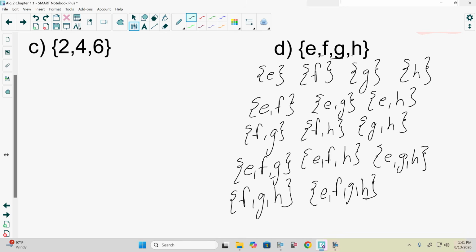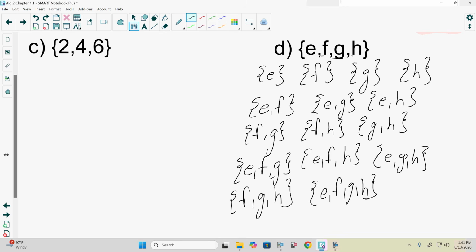4, 5, 6, 7, 8, 9, 10, 11, 12, 13, 14, 15 subsets. The previous one, when we had 3 elements, had 7 subsets. We add 1 more, 4 elements have 15.